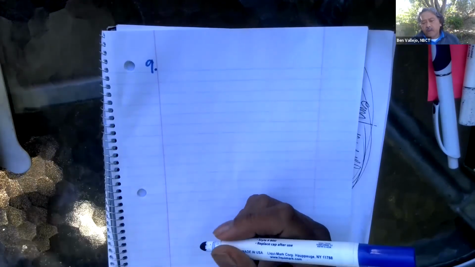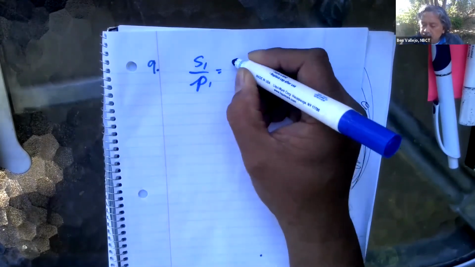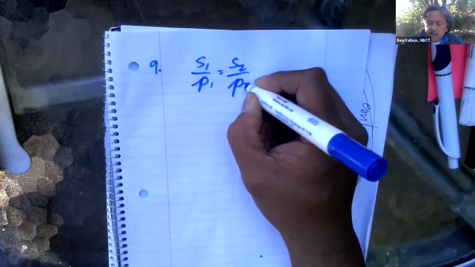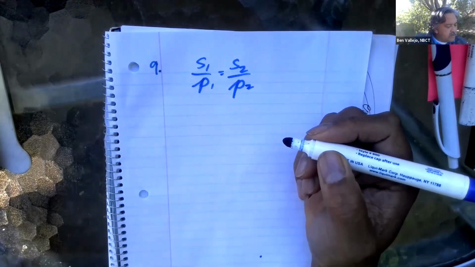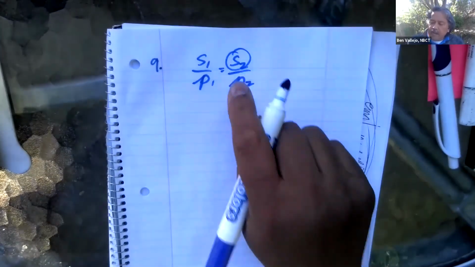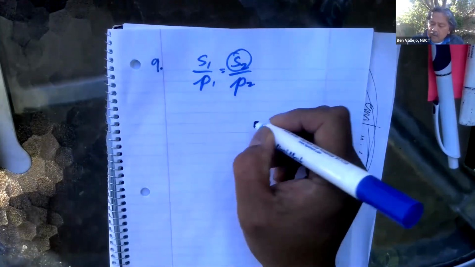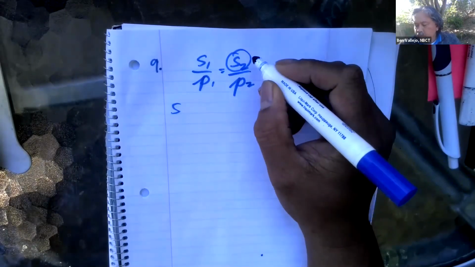So this one's pretty straightforward. Again, you have S1 over P1 equals S2 over P2. We're going to be solving for the second solubility, so we're solving for this one right here. We want to get that all by itself. S2, I don't want to do any shortcuts.